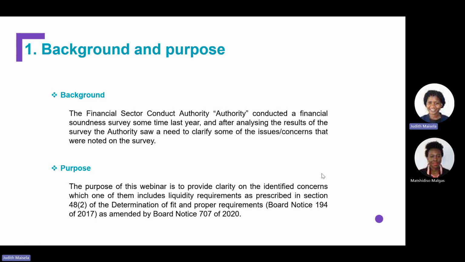So the purpose of this webinar today is to provide clarity on the identified concerns, which one of them includes liquidity requirements as prescribed in section 48, subsection 2 of the determination of fit and proper requirements, which is also known as the Board Notice 194 of 2017 as amended by the Board Notice 707 of 2020.